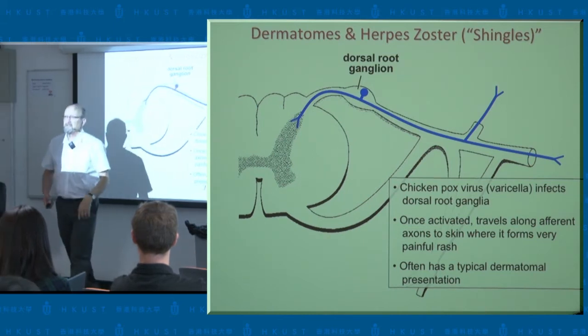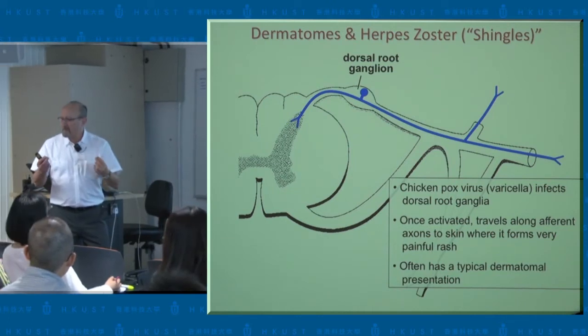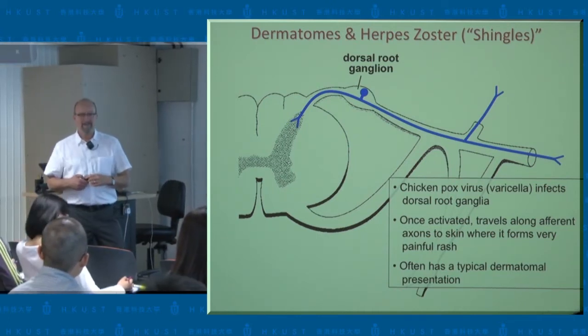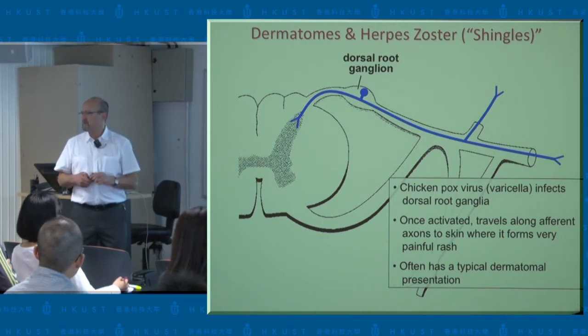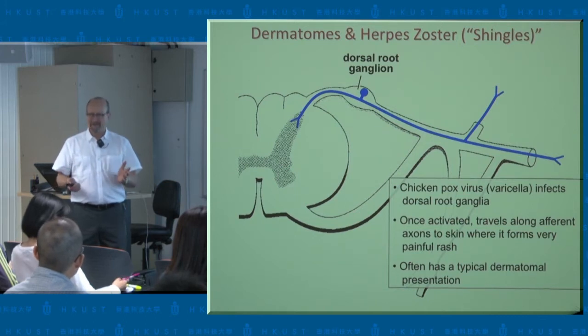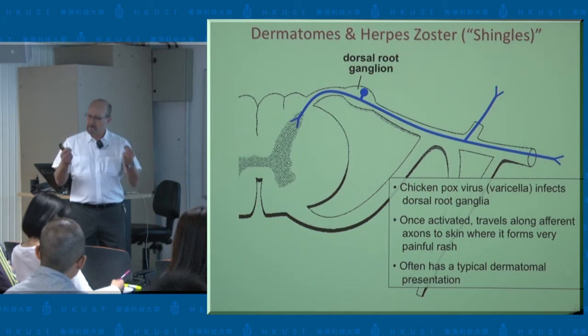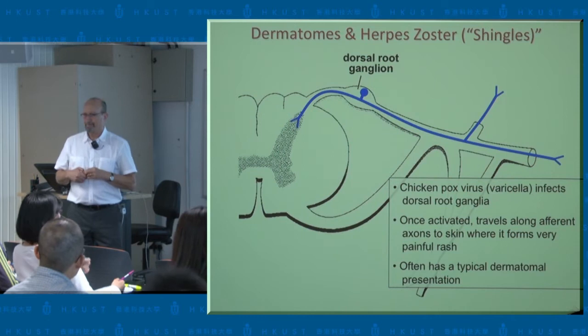So if you've had chickenpox, that virus stays with you almost your whole life. Most of the time, you're keeping it at bay with your immune system, okay? It doesn't sound like this is at all relevant to the class, except it's a virus that resides in the dorsal root ganglion, that's the sensory input world of your body.